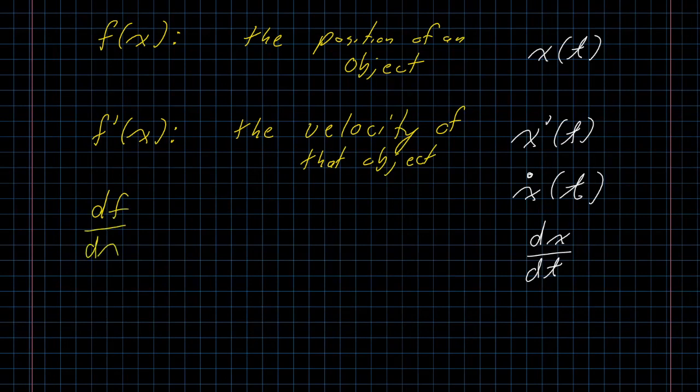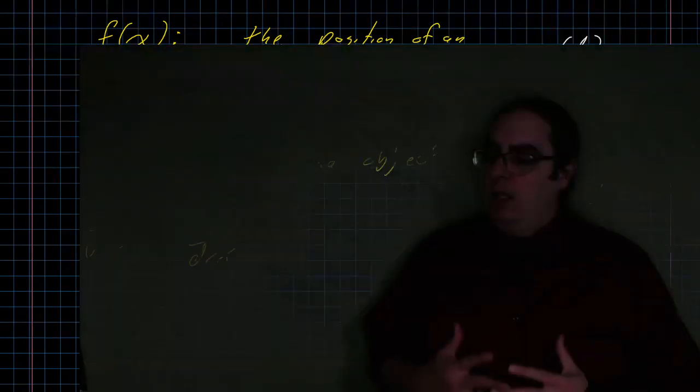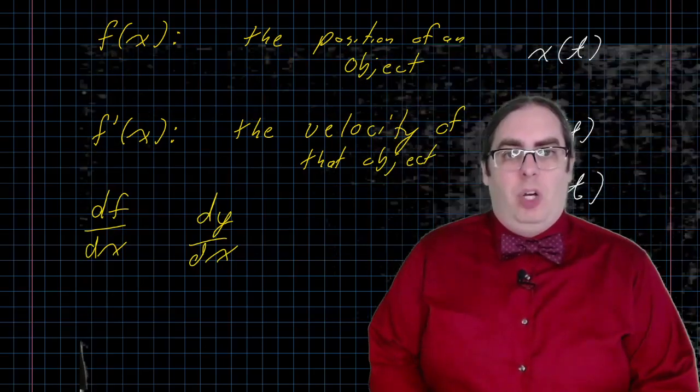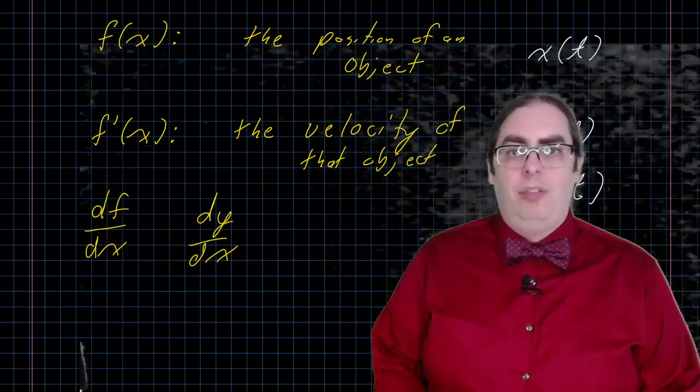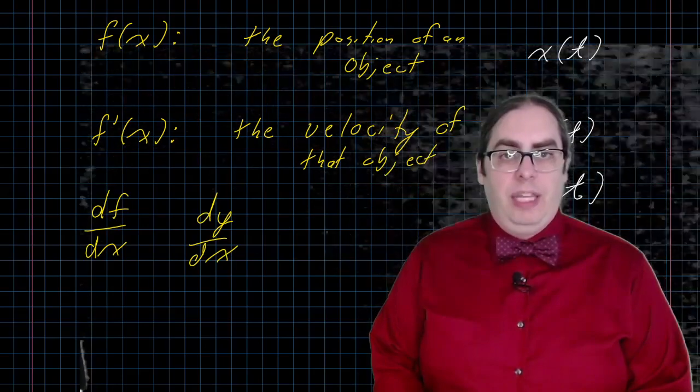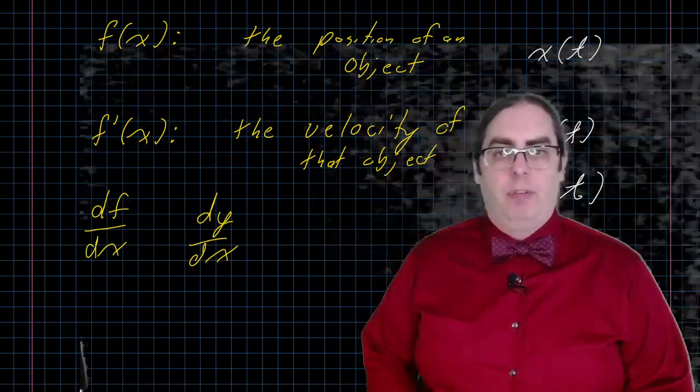We tend to avoid that notation in math when we can, because it's not actually a fraction. But you can do that same thing over here. df dx and dy dx are common notations for the derivative. I don't use them much in this course because they look like fractions. They are not fractions. But all of these various notations are still used, and there is some value. Again, for anyone who's continuing onward to multivariate calculus, one of the things that we study there is you have functions of several variables.